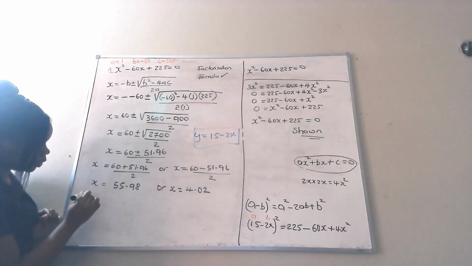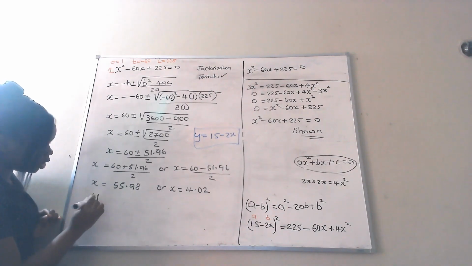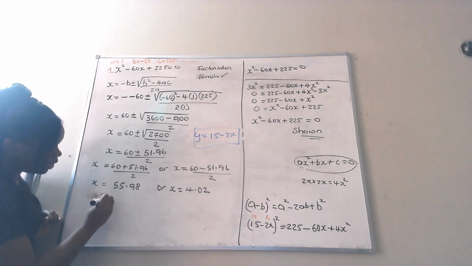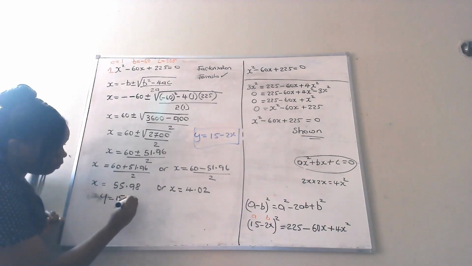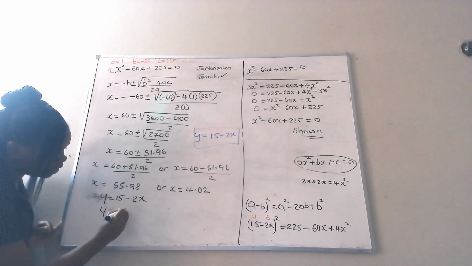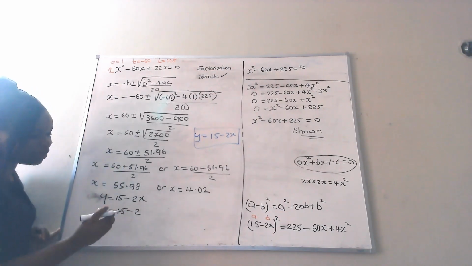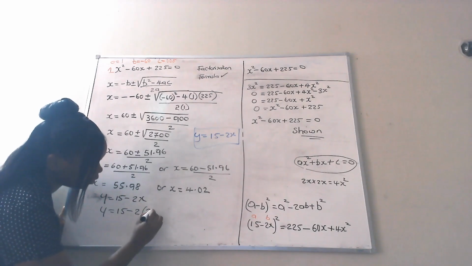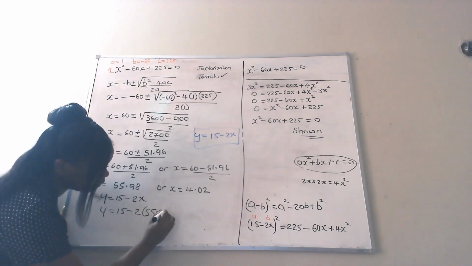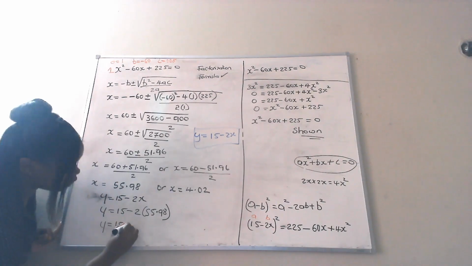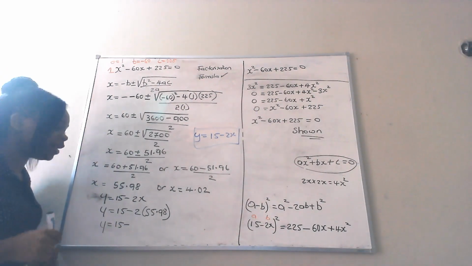All right. So the equation is y is equal to 15 minus 2x. Y is equal to 15 minus 2 times x. X is 55.98. So we're going to plug that in. Y is equal to 15 minus 2 times 55.98.